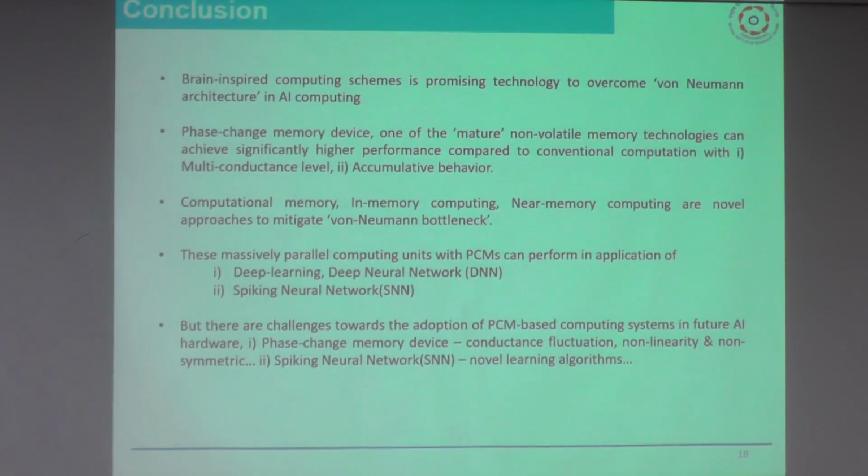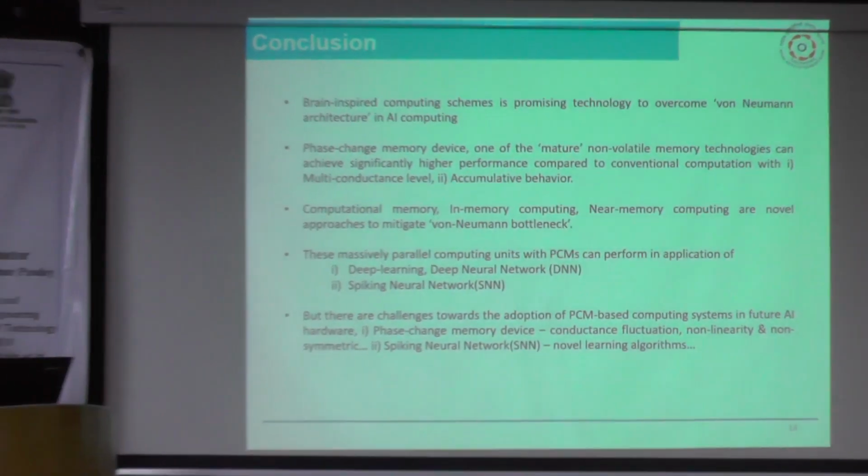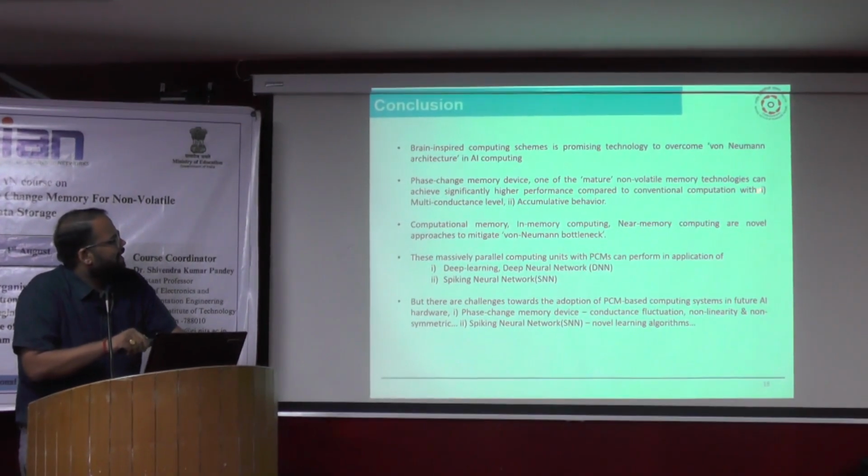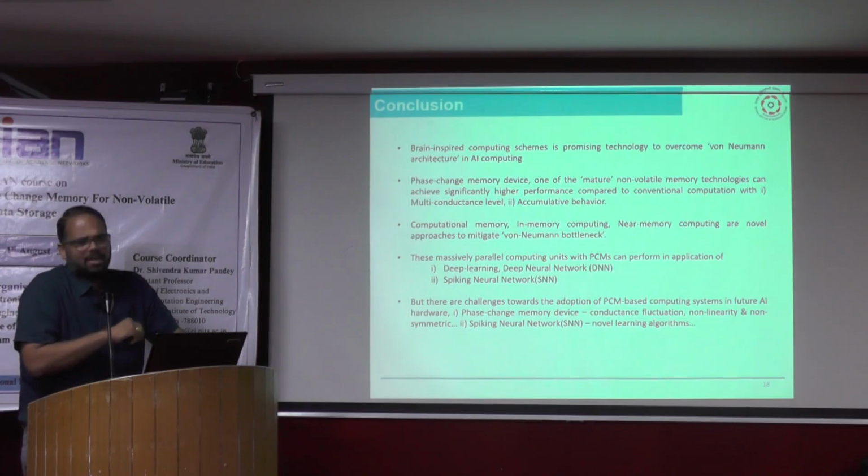So with this, I will conclude my talk. Here, the brain-inspired computing scheme is a promising technology to overcome the von Neumann architecture in AI computing. And phase-change memory devices, one of the mature non-volatile memory technologies, can achieve significantly high performance compared to conventional computation, with multi-conductance levels and accumulative behavior.